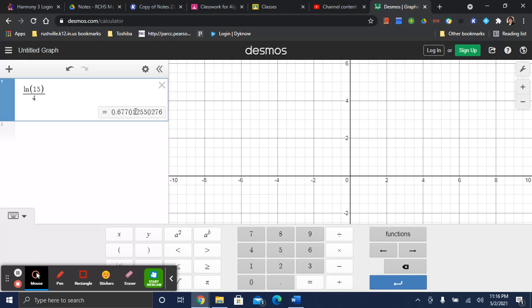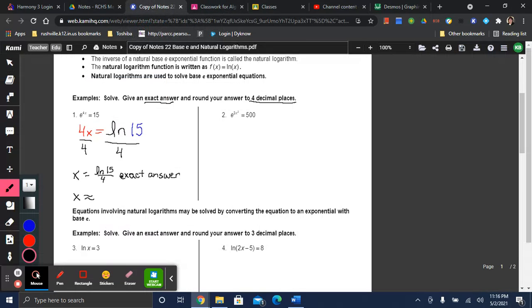The number after the 0 is a 1, so we're going to stop there. 0.6770 is what our approximated answer is.